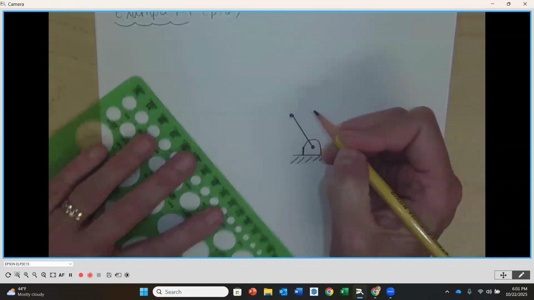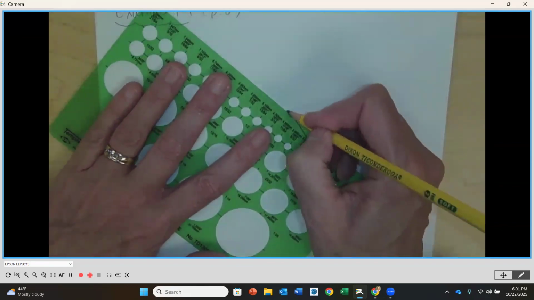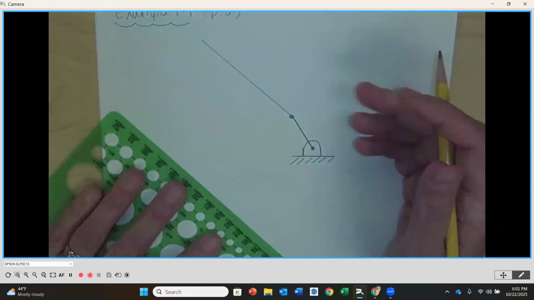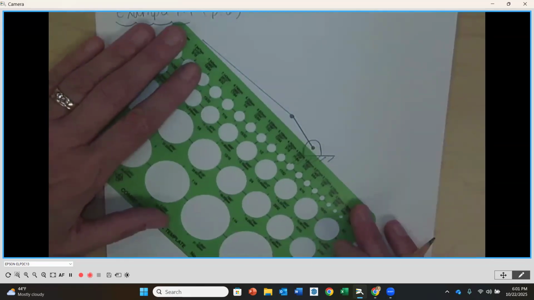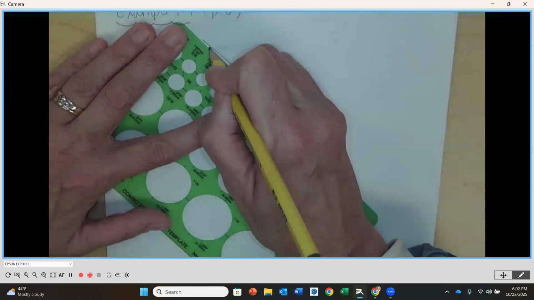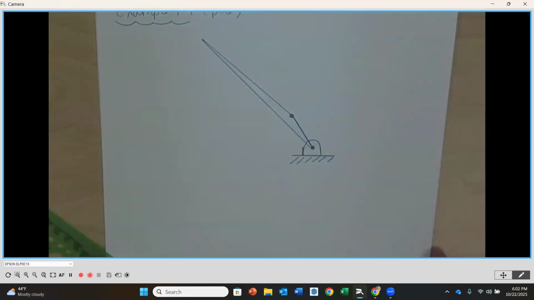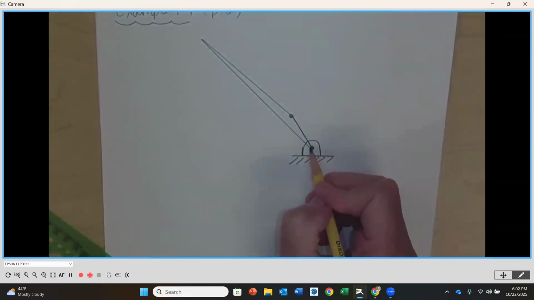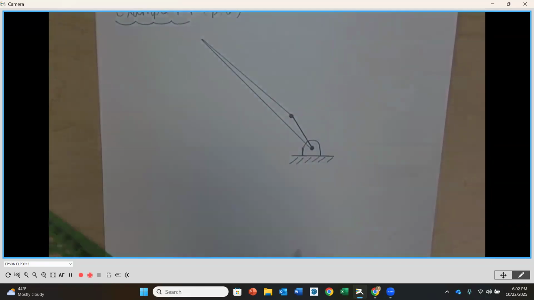This is going to be another pin connection. Then I'm going to continue to extend it out. Then my handle is going to go back from the center of my frame connection, and this represents the thickness of that handle. Does that make sense? Again, we don't have dimensions here, we don't have angles. We're just going to try to draw this proportionally.